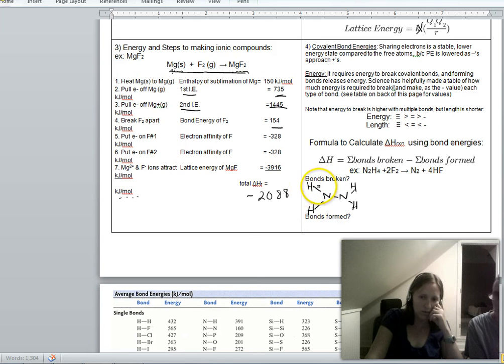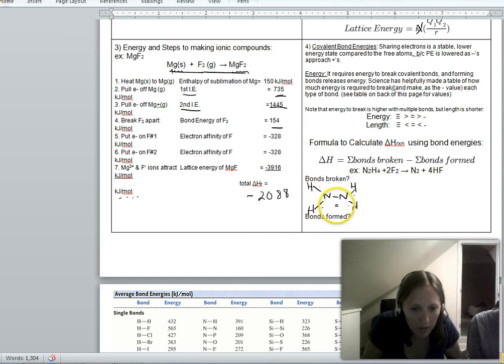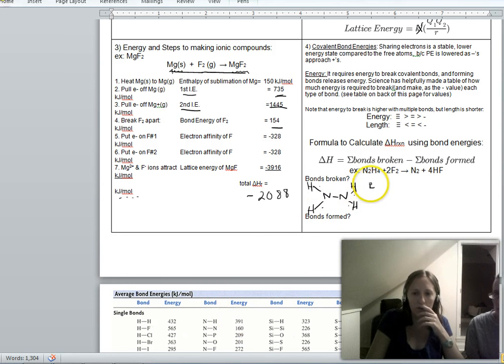We are going to break 4 bonds that are NH bonds, which are worth 391, so that's 4 times 391. And we're also going to break the single bond between nitrogen and nitrogen, which is worth 160.